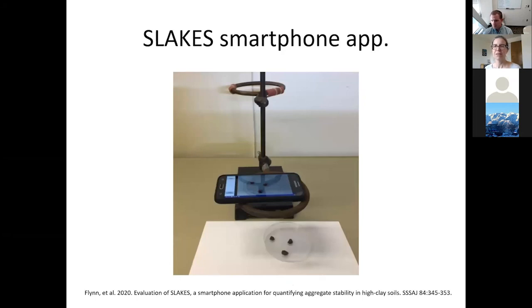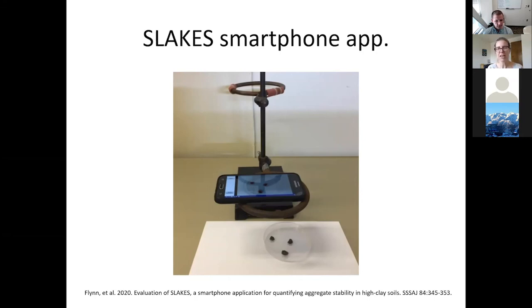Now, I don't think this is my last slide. I don't think this presentation would be complete without mentioning this new smartphone app that's really getting at the same idea. It's called Slake. It was developed a few years ago by a lab in Australia. And it's just basically a smartphone application. You put your little bit of soil in a petri dish, and then you run this, and it takes pictures of it.